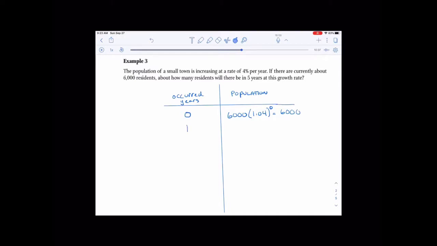After 1 year, we would have 6,000 multiplied by 1.04 to the 1st power, which is equivalent to 6,240 residents. At year 2, we would have 6,000 multiplied by 1.04 squared.